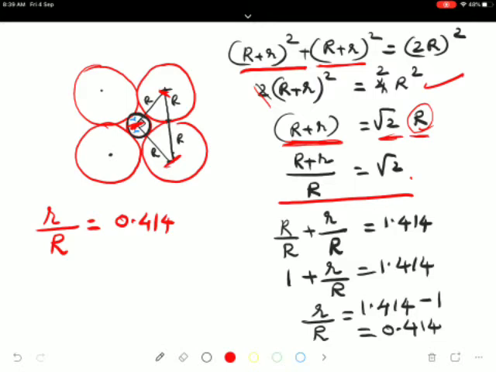R by R plus small r upon capital R is equal to root 2 value. This is 1, so 1 plus r upon R is equal to 1.414, or small r upon capital R is equal to 0.414. So this is the radius ratio in the case of octahedral void.